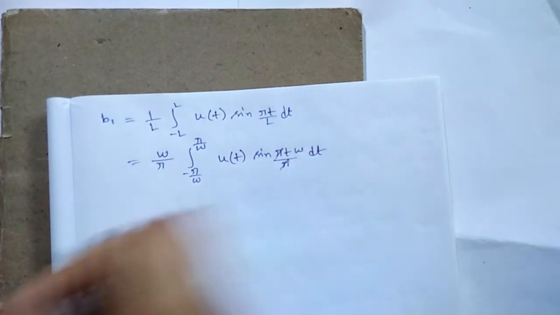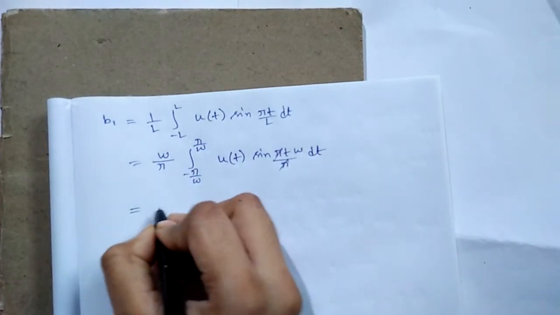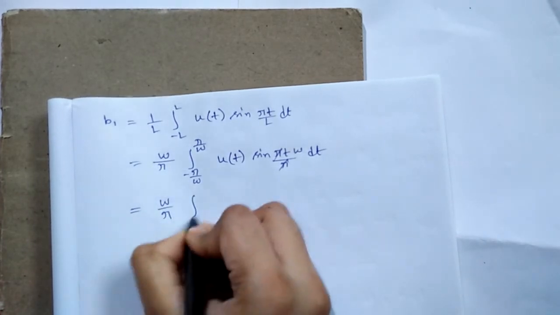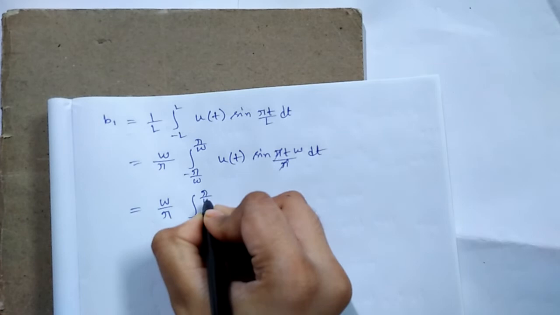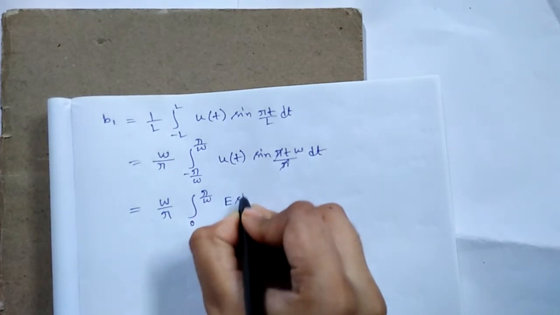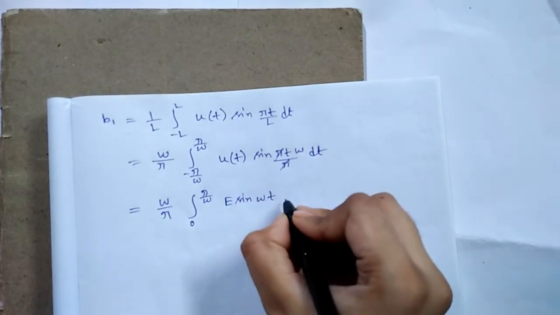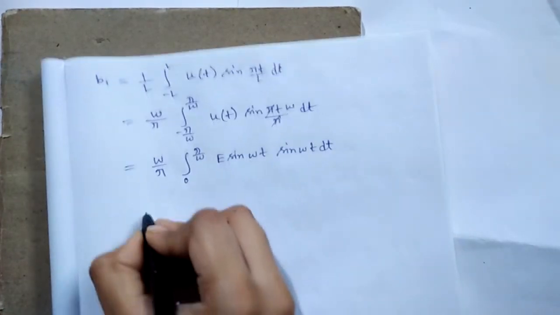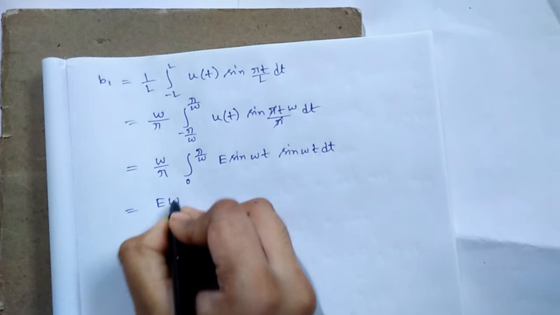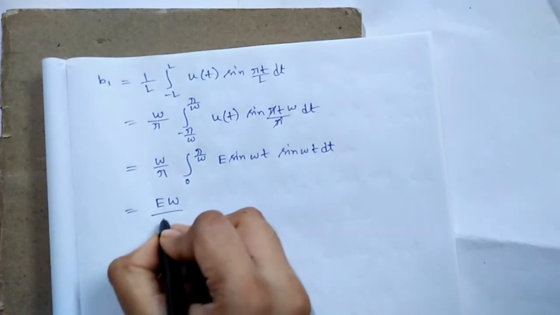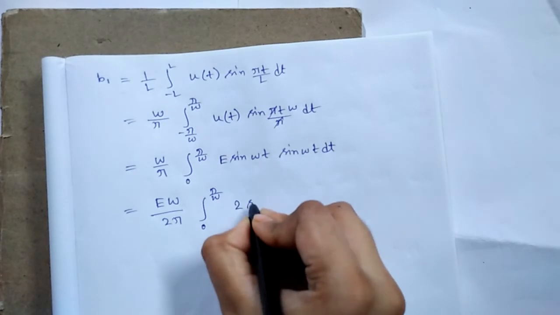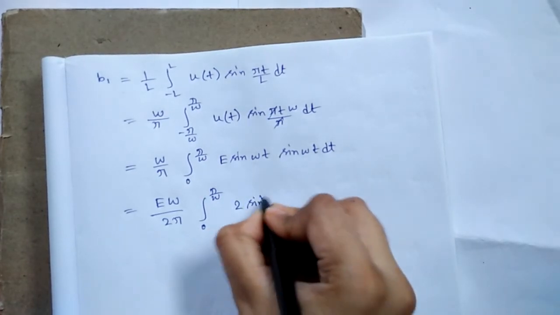So similarly, just put the value and simplify. Omega by pi, 0 to pi by omega, this is e sin omega t and sin omega t dt. So this is equal to e omega by 2 pi integration 0 to pi by omega 2 sin square omega t.